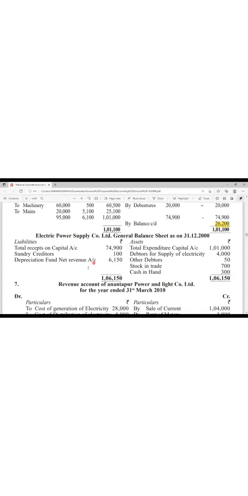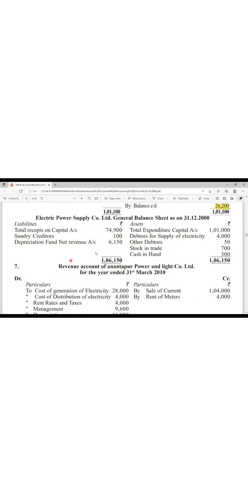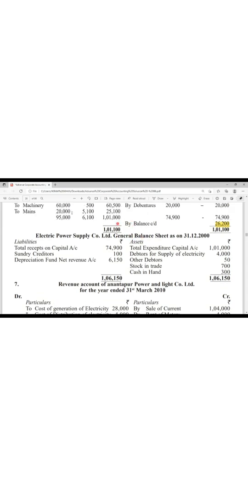This will be written in our general balance sheet, 6,150. So total expenditure what we have made is 1,01,100. Then the current assets are debtors for supply of electricity, 4,000. Other debtors are 50.